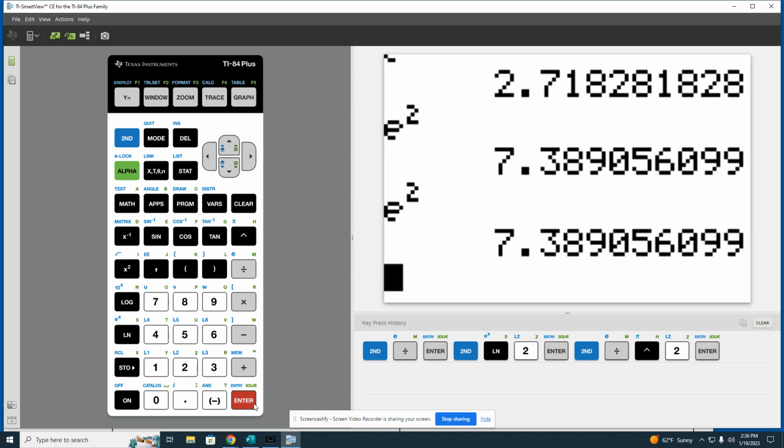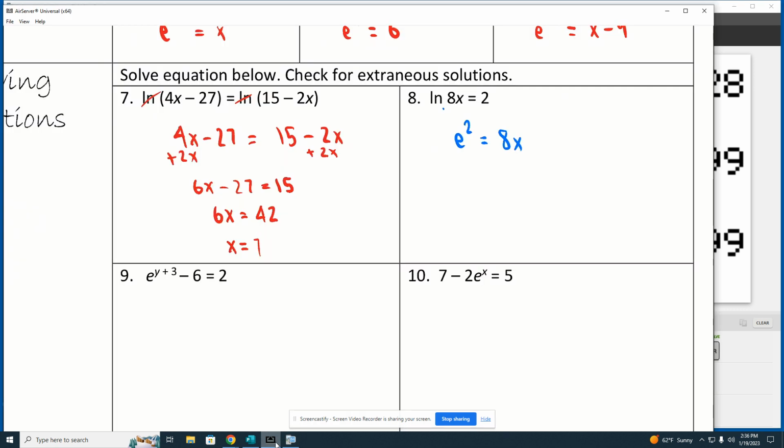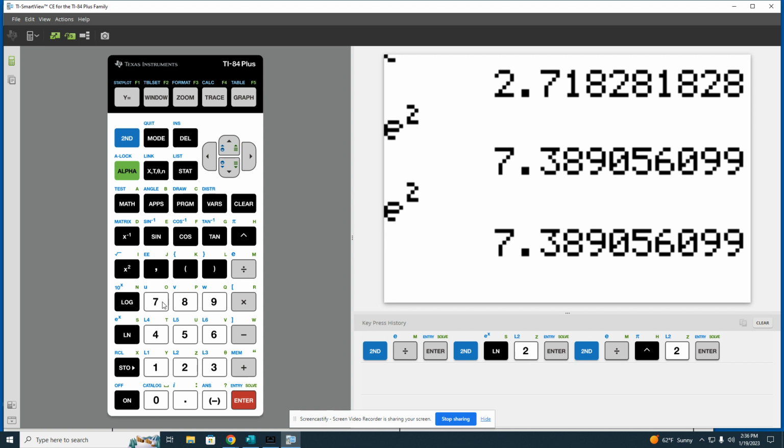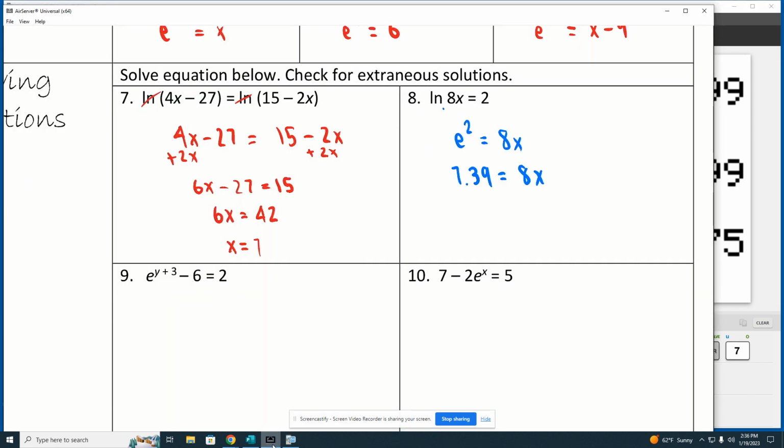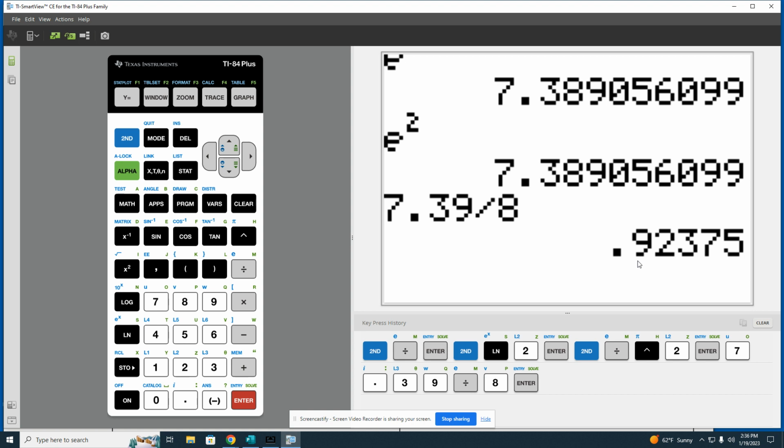So e to the 2nd power is going to give me 7.39 equals 8x. And then I'm going to take that 7.39 and divide it by 8. And my answer is 0.92.